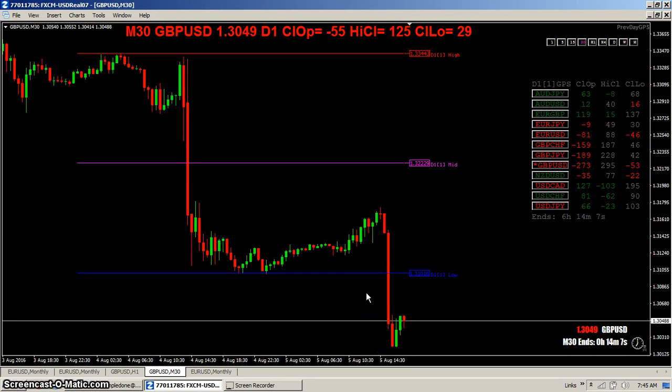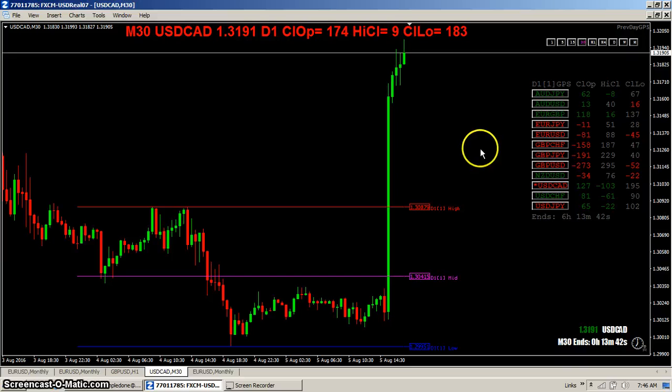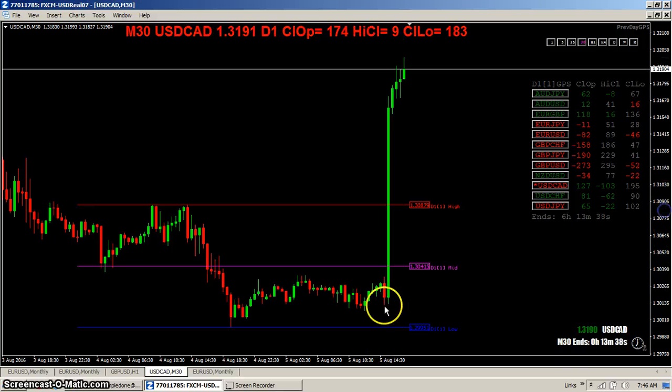You can set pending orders, or if you're quick enough, you can just hit your enter button right when price is getting near there or at that level. So we can take a look at a few of the others. We notice dollar Canadian was outside its maximum range. So once again, you can see how this works.